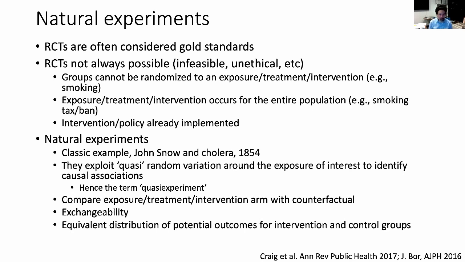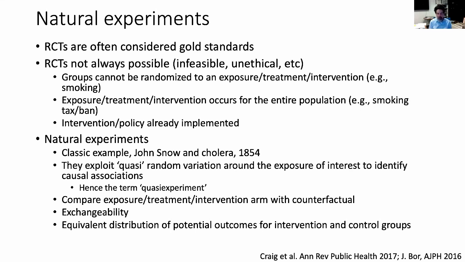So we can think about natural experiments, and the classic example goes all the way back to one of the earliest epidemiological studies in 1854 with John Snow and cholera, where he recognized the opportunity that presented itself, where the water supply going to different homes in the area of Soho in London was, for all intents and purposes, randomly determined.